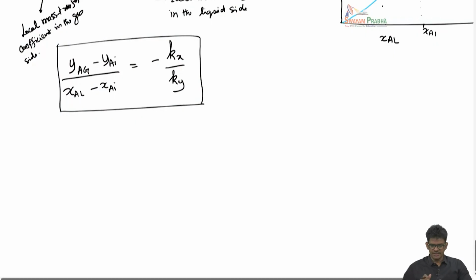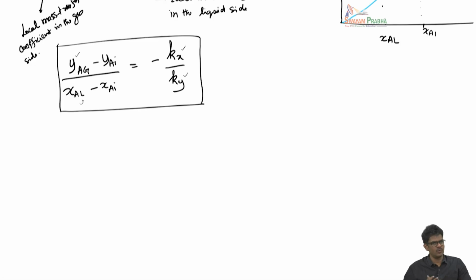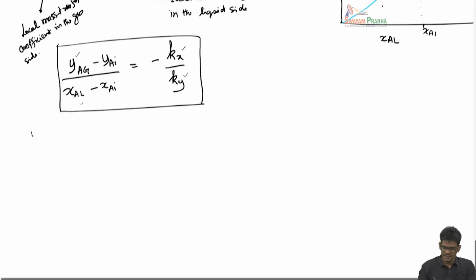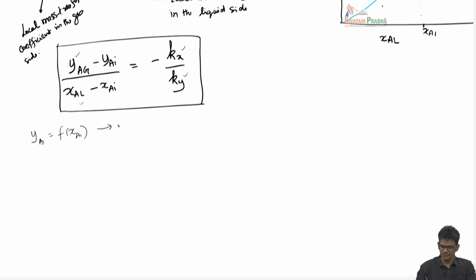So this particular equation is very important because I know Kx and Ky and YAG and XAL, these are all measurable quantities, and there is also a relationship between YAI and XAI through the equilibrium line, so we can get the interfacial concentrations. Okay, so we know YAI as a function of XAI because of the equilibrium line.